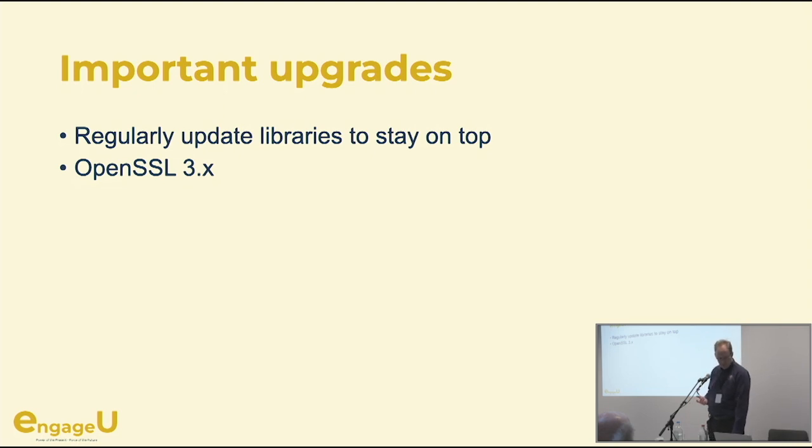Currently we have version 3.1, I think, and I keep updating those libraries from time to time. OpenSSL 3 got new ciphers, which is important because newer websites require you to use more secure ciphers for the connection, and if you come with an old software application, you can't connect anymore.